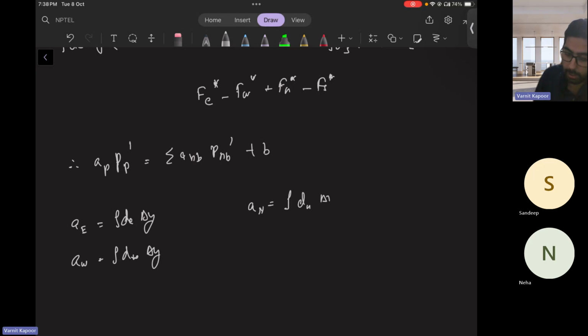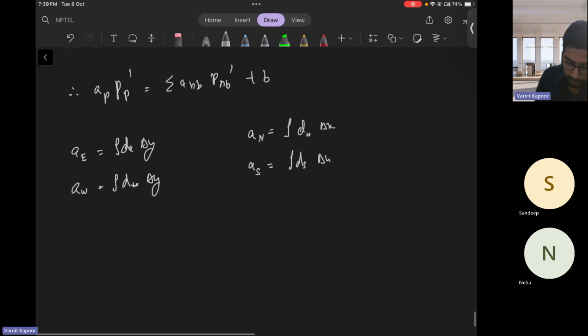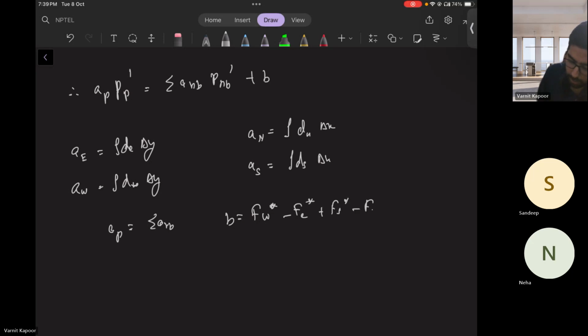And AP is nothing but summation of A and B, which is nothing but your star terms. Okay, this is our equation.